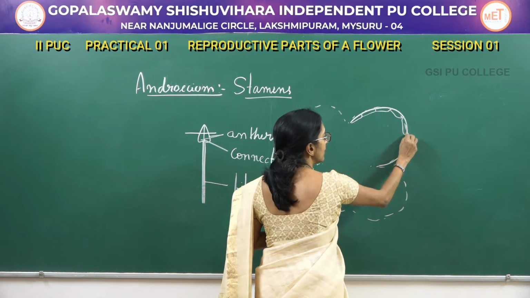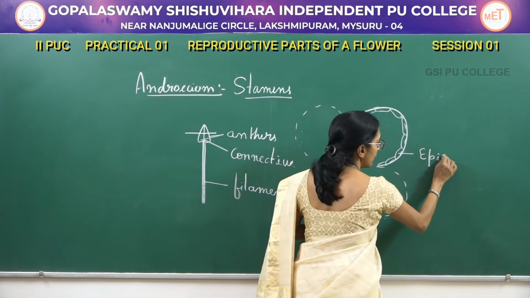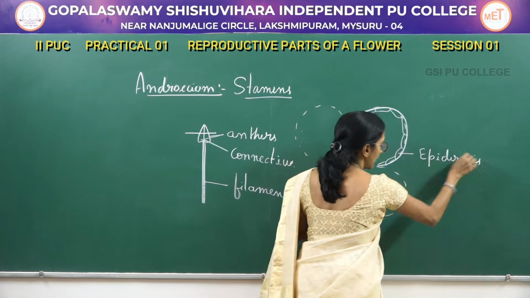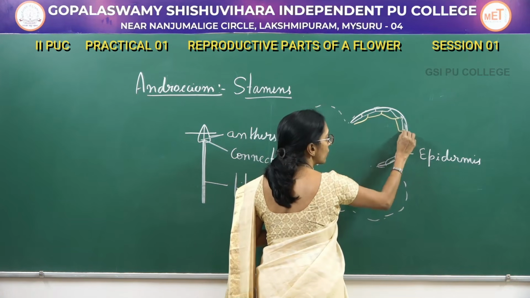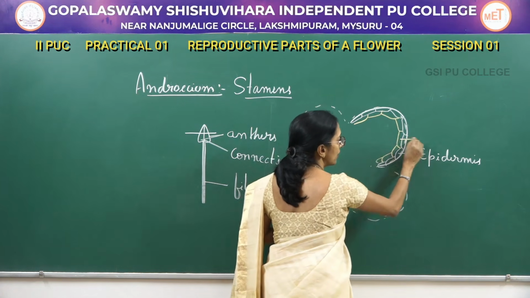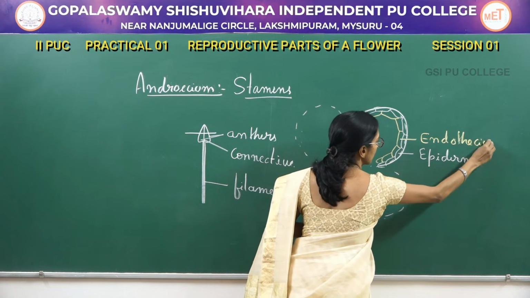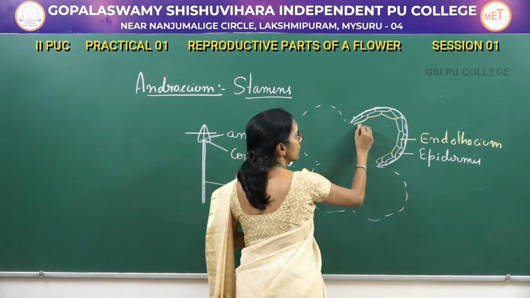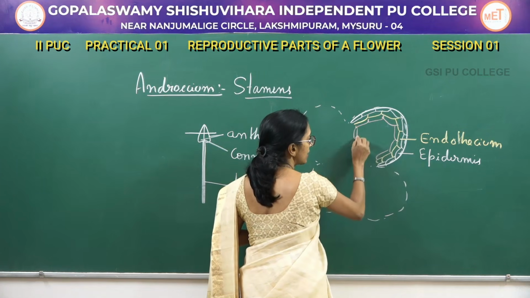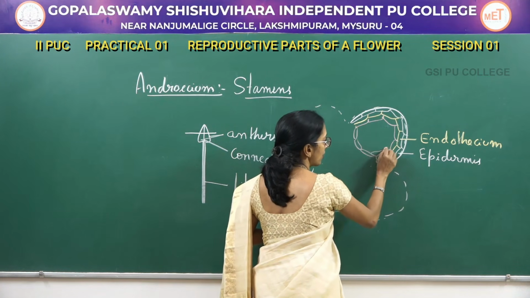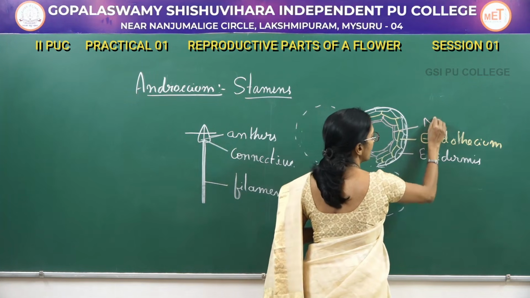The outermost is a single layer, and this layer is said to be epidermis. Inner to the epidermis there is one more layer, and this layer is said to be endothecium. Inner to this endothecium there is a multi-layered region, and this layer is said to be the middle layer.